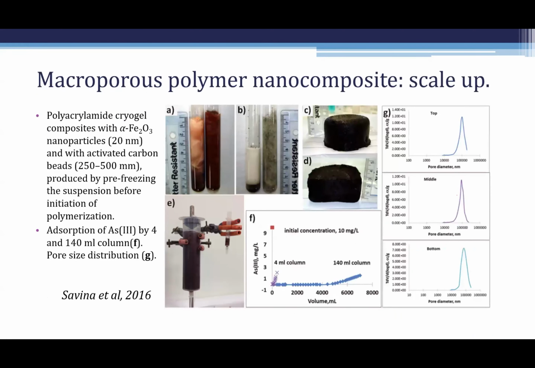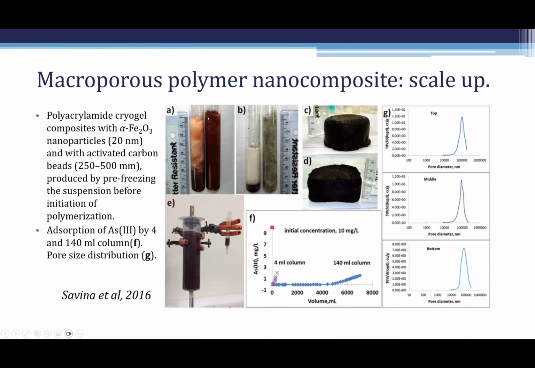So the next thing, if you want to use a cryogel, is you're thinking about scaling it up. And as I said before, when you're scaling up and trying to make gels with nanoparticles inside, you will have this deposition of nanoparticles.